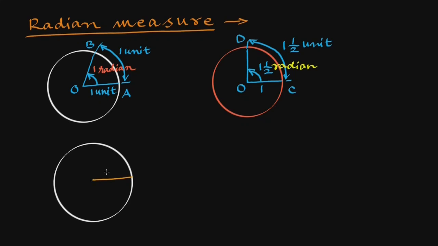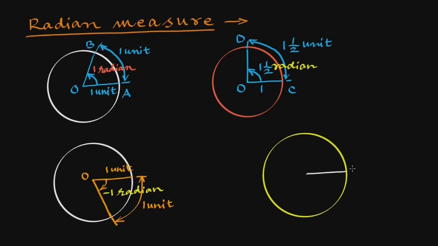In this unit circle of radius 1 unit, an arc of length 1 unit is drawn in clockwise direction. Then the angle made by this arc at the center of the circle in clockwise direction will be minus 1 radian.